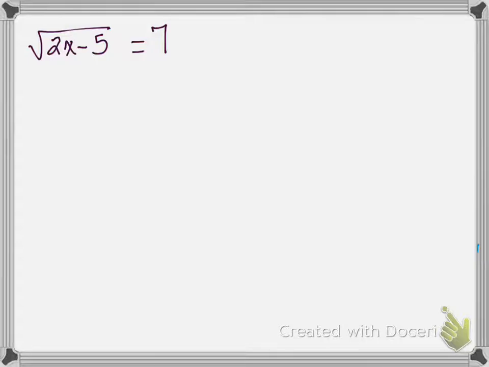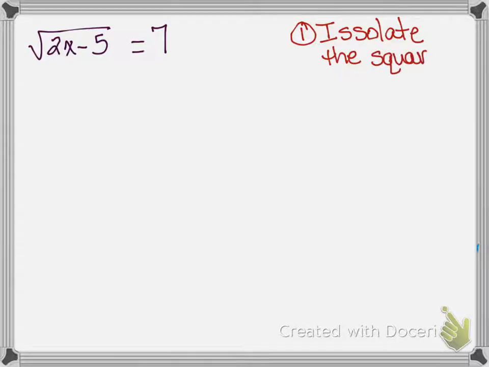And a radical is that square root sign that we see right there. The first thing that we want to do is make sure the square root sign is isolated. Isolate the square root to one side.